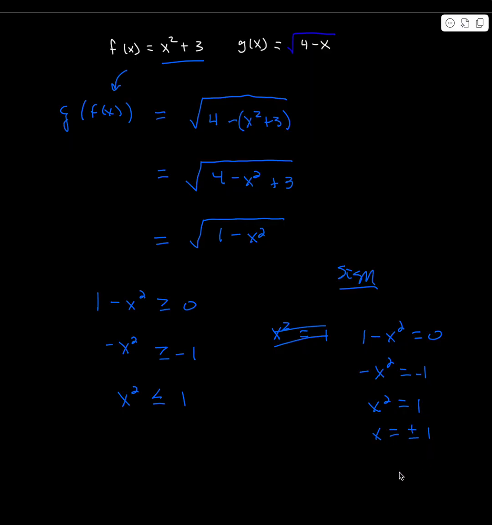And it's like, Dave, what the heck are you doing? Well, we just found out what values of x we get 0, right? And if we plug in +1 or -1 here, we get it equal to 0. And we need this in this form after we plug in to be greater than or equal to 0, or here it has to be less than or equal to 1.